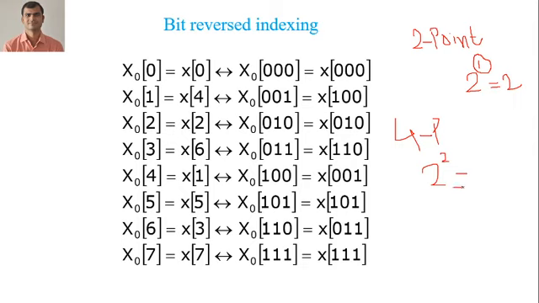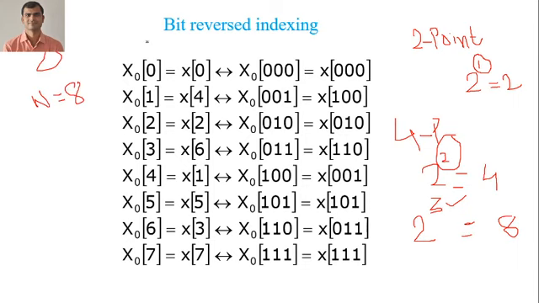That means for the butterfly diagram you require 2 stages, and to represent a binary number we require 2 bits. Now for 8 points it is 2 raised to 3, which is equal to 8. So the number of stages for drawing the FFT algorithm is equal to 3, and to represent a binary number we require 3 bits. I have taken the example here of N equal to 8.